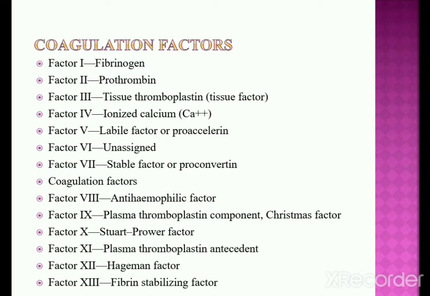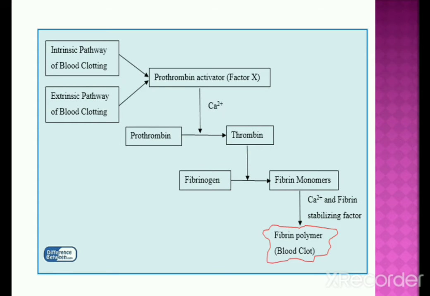The soluble plasma protein fibrinogen gets cleaved into fibrin. Then fibrin, a non-soluble plasma protein, is formed, and these fibrin proteins stick together and form a blood clot. So this is your blood clotting mechanism.